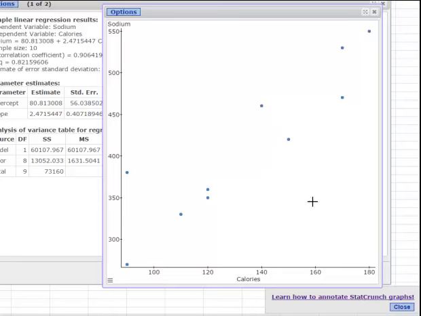Now, one thing that StatCrunch will do, which is a very nice feature, and most statistical software packages will do this, is that after determining that we do have a linear relationship, we can go ahead and use the regression equation, and we can overlay it on our scatter plot.